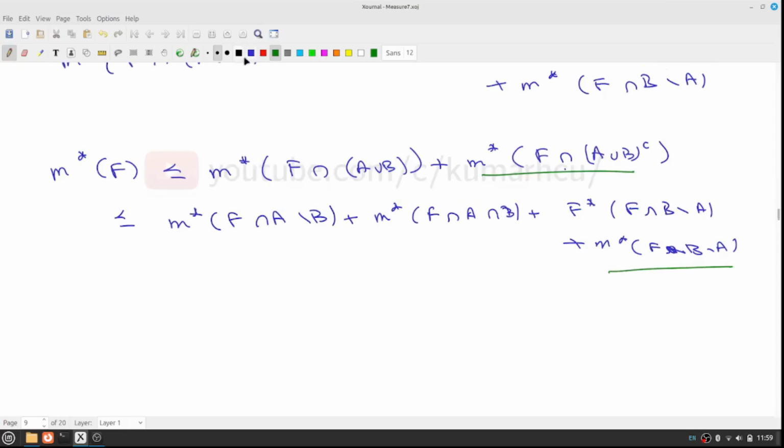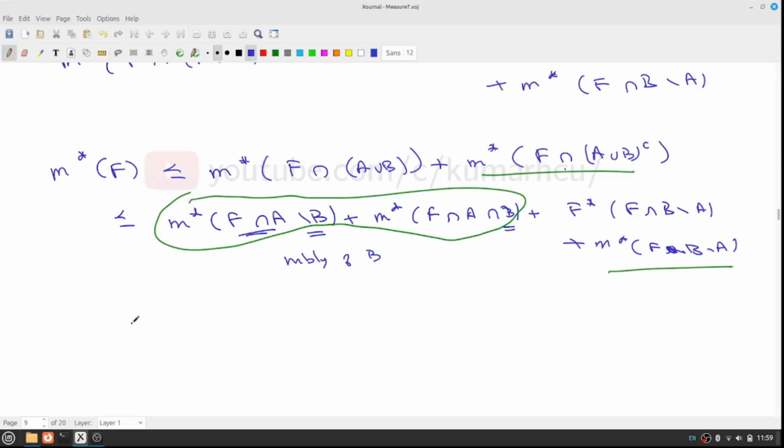Now, what is that something interesting? Now I know B is measurable, and I can use this as a test set. So using measurability of B, these two, let me just circle it, this is equal to m star of F intersection A. Now let's look at this one.